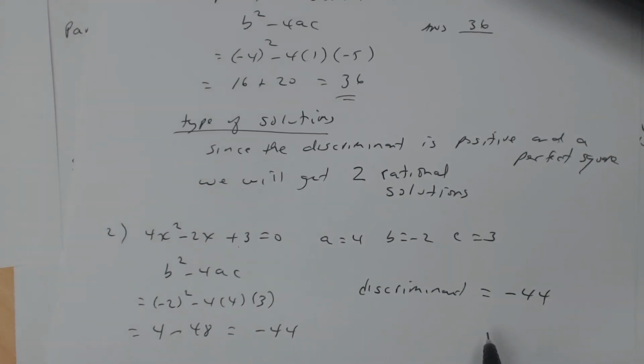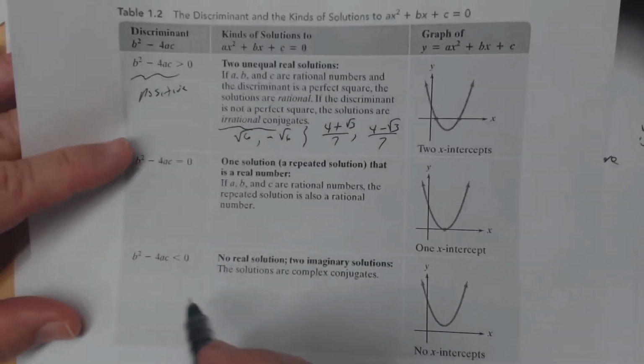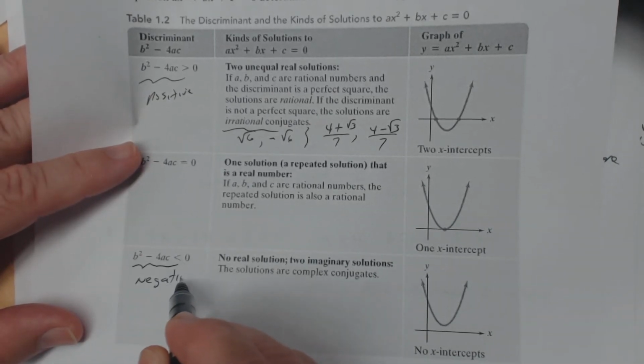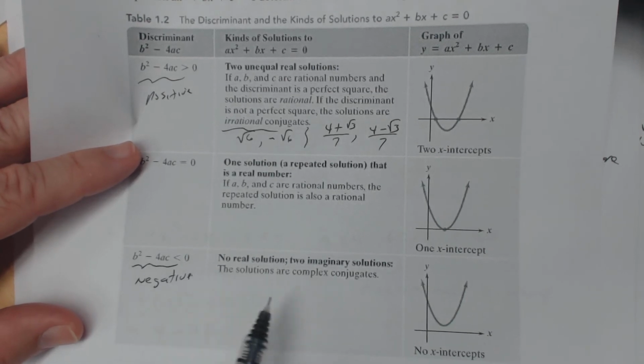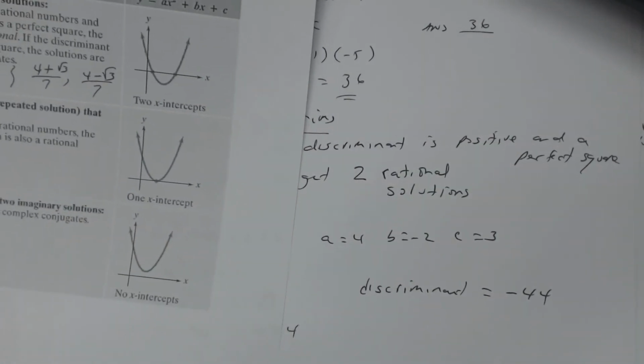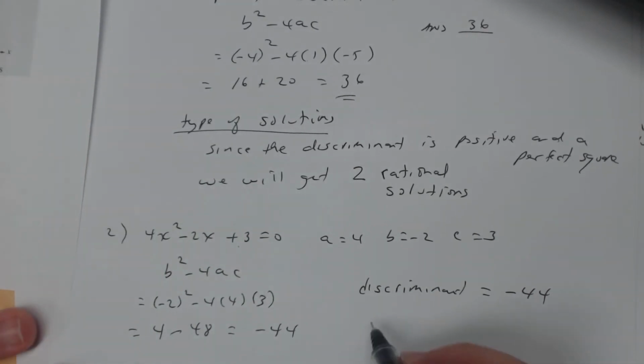Now, since the discriminant is negative, less than 0 means negative, your solutions are not real. They're imaginary. So you get two imaginary solutions.